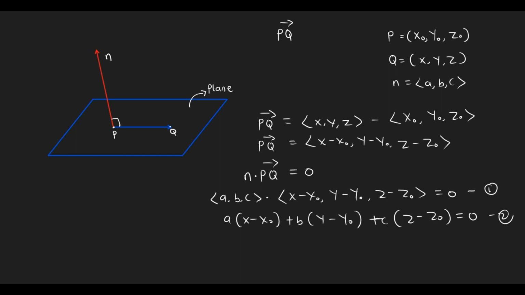This is equation 2. We call this the scalar equation of a plane. So this is the vector equation of a plane, and what you have here is the scalar equation of a plane.